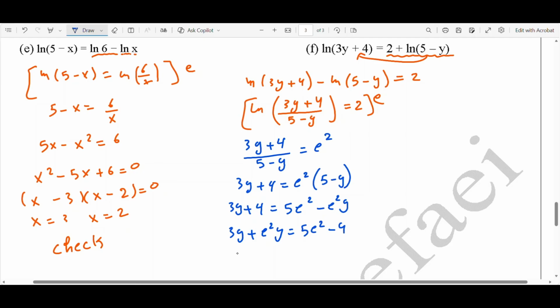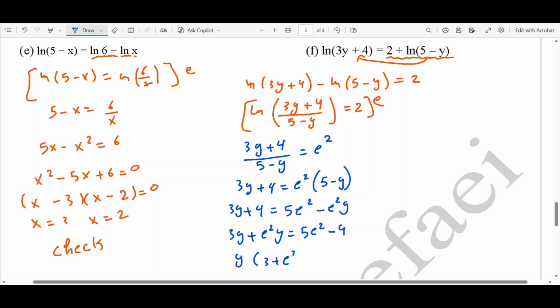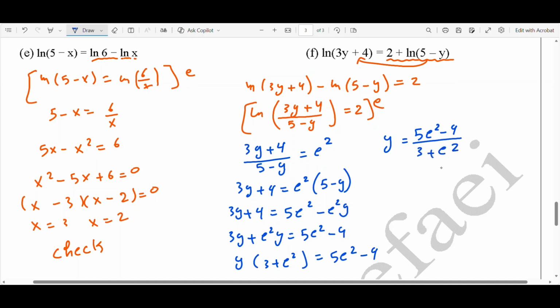I'm going to have y as a common factor: y(3 + e²) = 5e² - 4. y = (5e² - 4)/(3 + e²). I hope you have no questions.